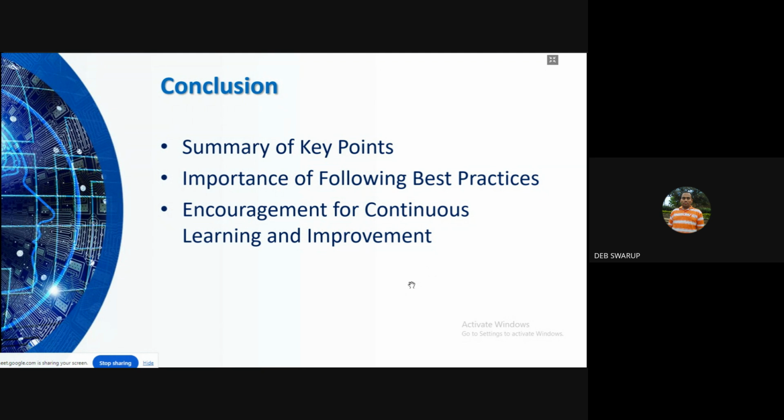Sometimes what happens is, if I follow a certain method, I get a particular thing, but that thing is not up to the mark. So those kinds of things should be avoided and should not be utilized. That is why we said encouragement for continuous learning and improvement should be there. Continuous learning should be there, but not at the cost of research integrity.